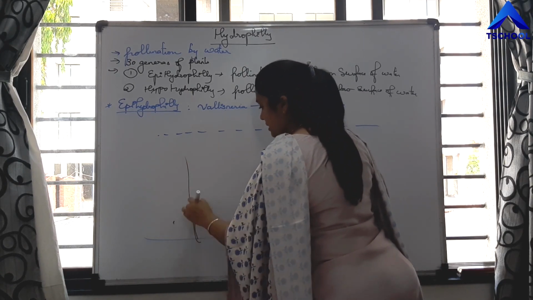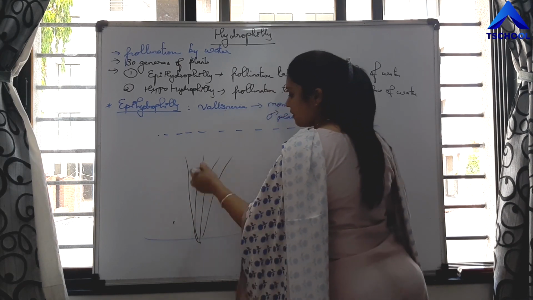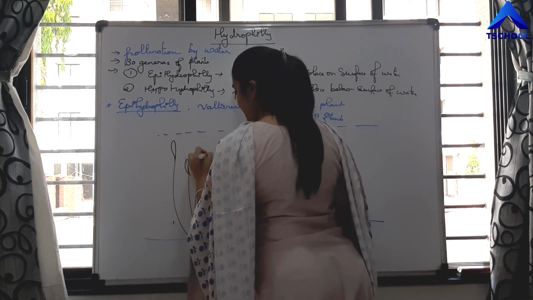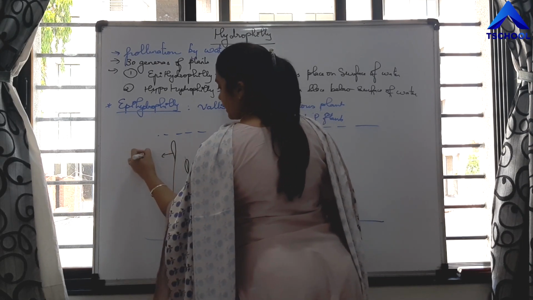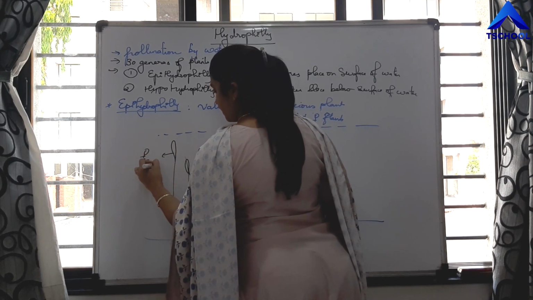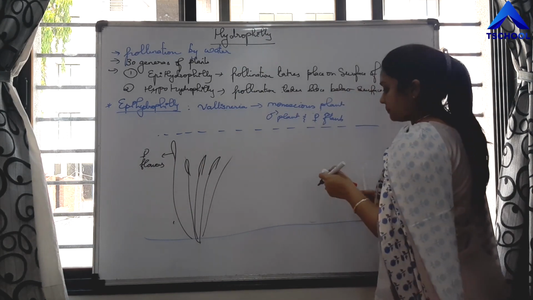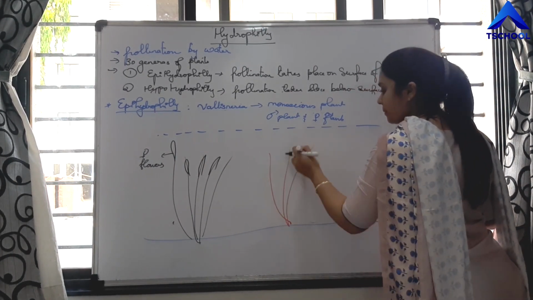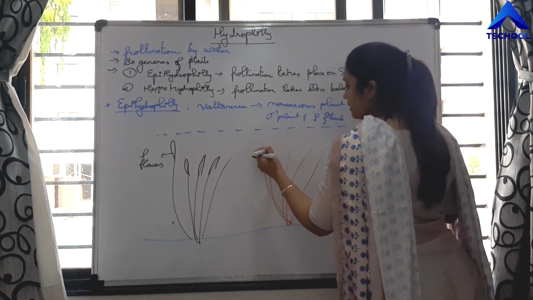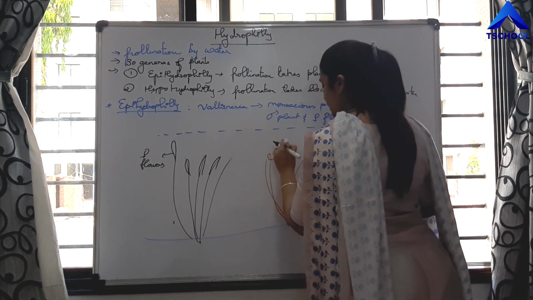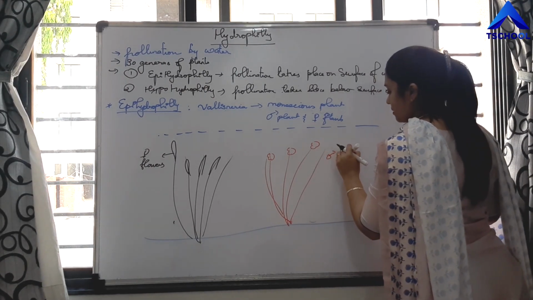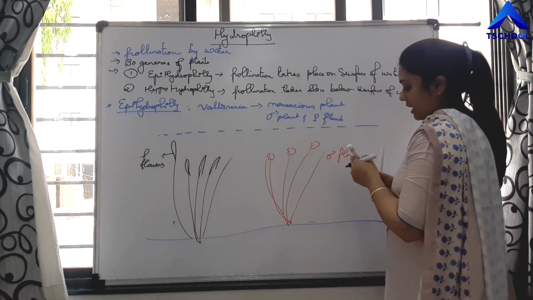So this is the female Vallisneria plant and these are the female flowers, right? This is the male Vallisneria plant, and these I will say are the male flowers, right?